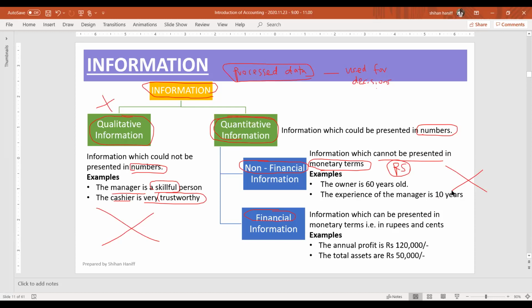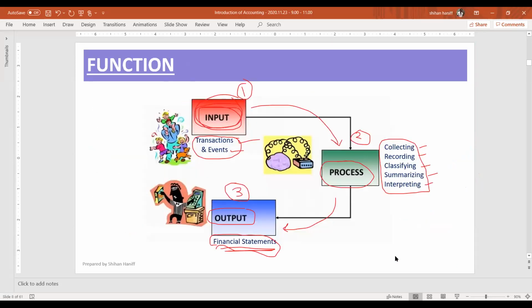We will take only financial information. So what is financial information? The information which can be presented in monetary terms, that is rupees and cents. Examples: the annual profit is 120,000, the total asset is 50,000. So this can be presented in rupees and cents.